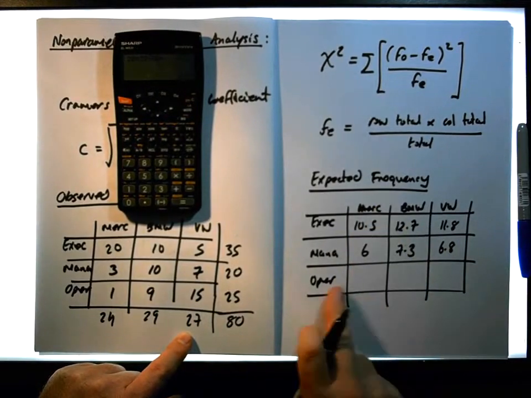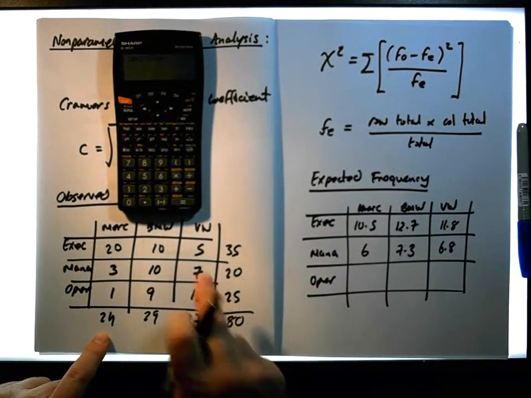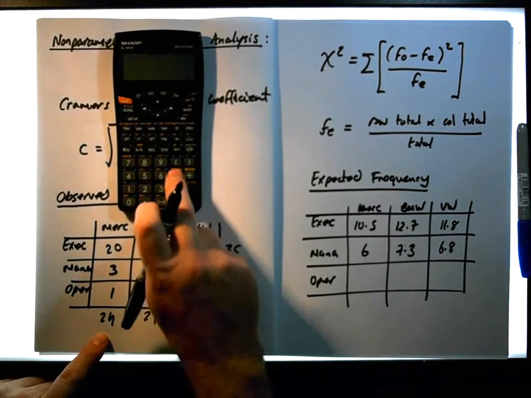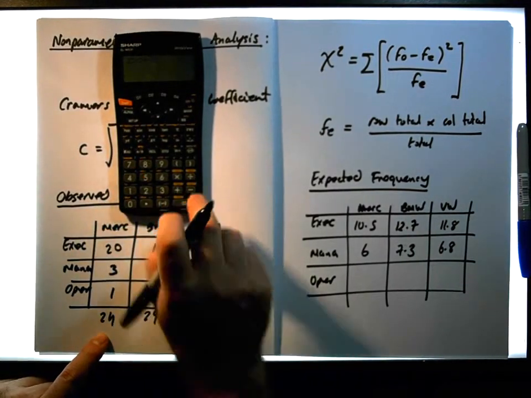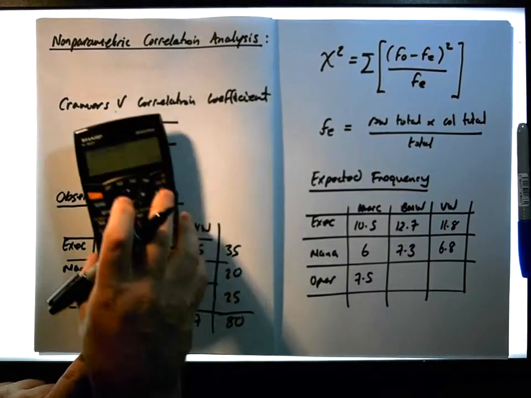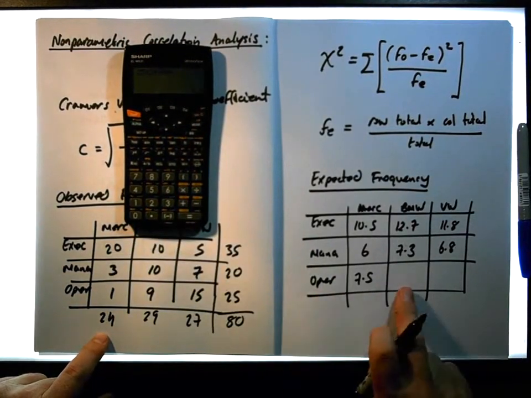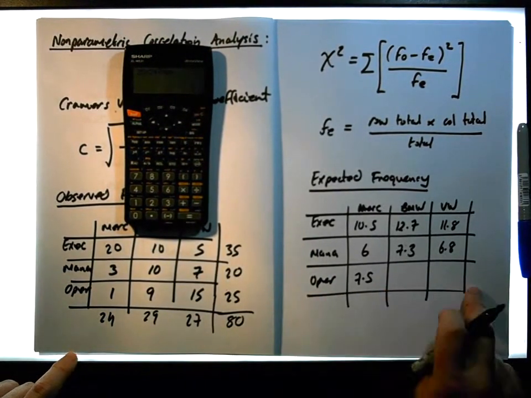And then we have the third row, first column, so third row is 25, first column is 24, so it's 25 times 24 divided by 80, gives us a value of 7.5. And don't forget, we're calculating Cramer's V correlation coefficient. The next cell is on the third row, second column.